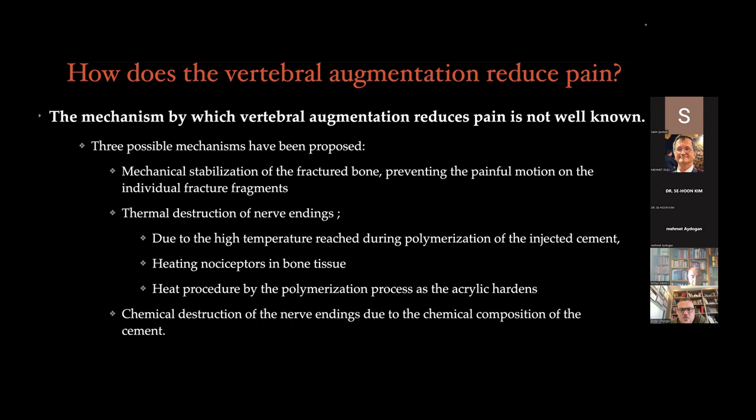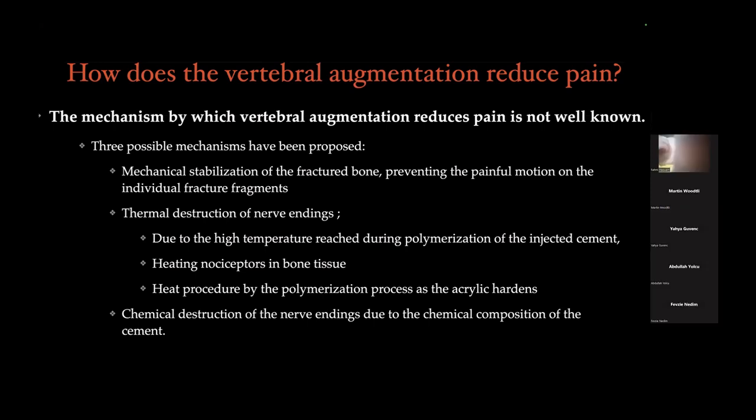Second, thermal destruction of the nerve endings due to the high temperature reached during polymerizing, heating nociceptors in the bone tissue as the acrylic hardens. And third, chemical destruction of the nerve endings due to the chemical composition of the cement.